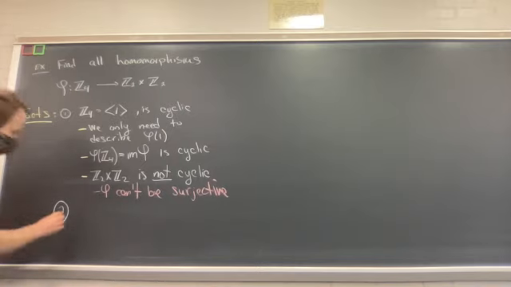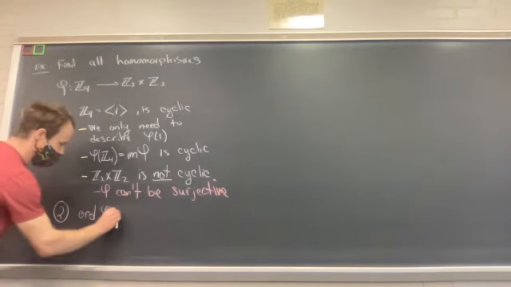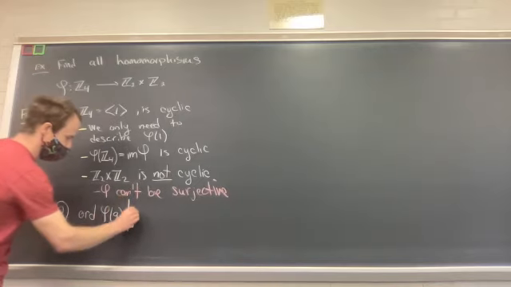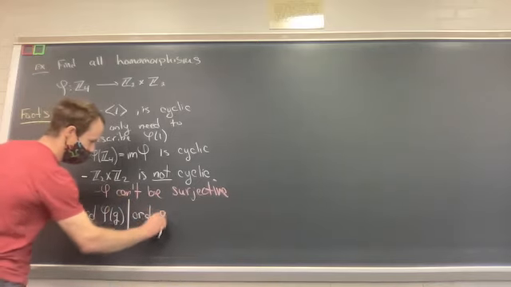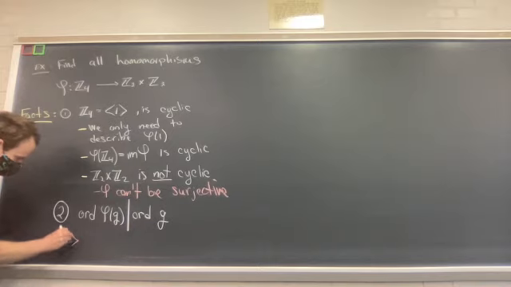We had a divisibility condition. Let's recall that the order of phi of g must divide the order of g. That means the order of g is a multiple of the order of phi of g. So let's see what this means in our case.